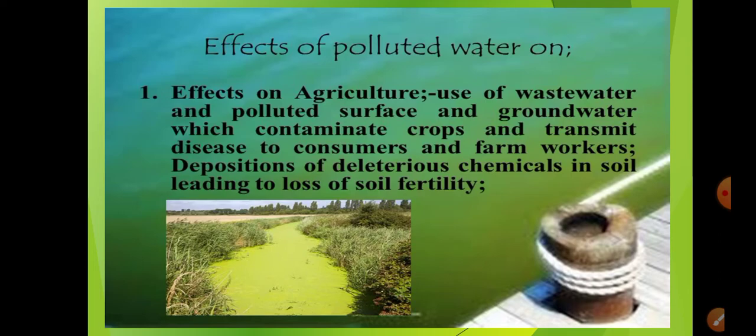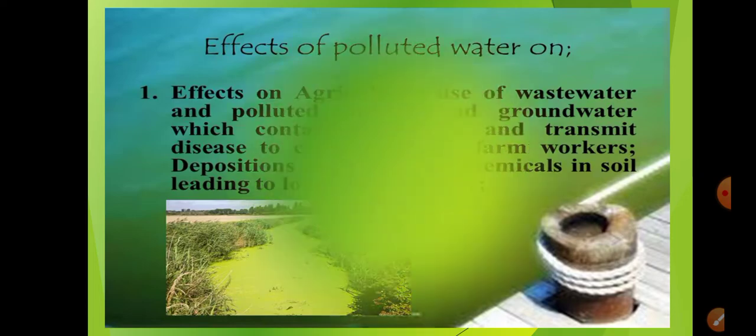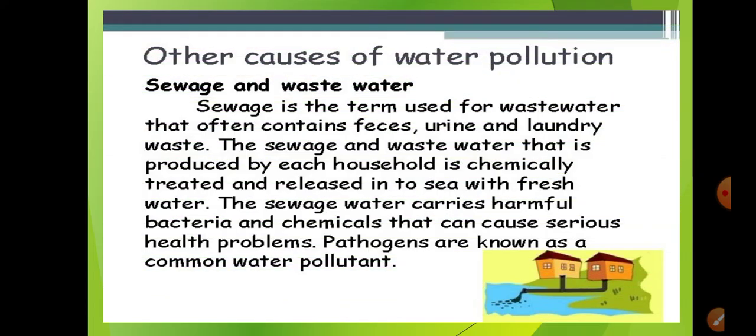So we consumers, even the farmers, will be affected by this in one way or the other. The chemicals that are added up in the soil also decrease the soil fertility in the long run. So that is one of the effects.